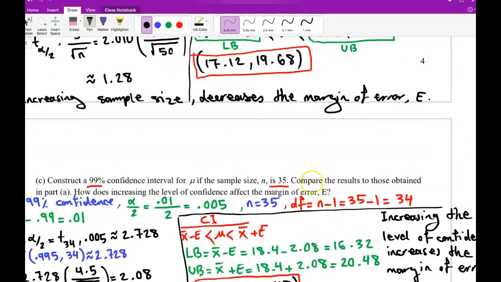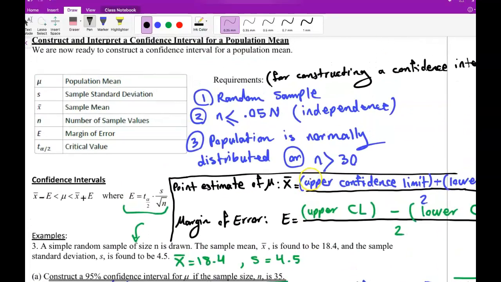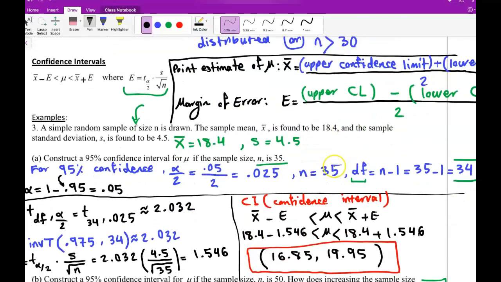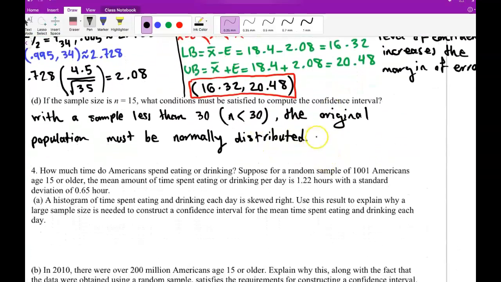Say I had this one here on the first page. What we have, the requirements number 3, population is normally distributed when sample size is greater than 30. Since we don't have that one, the original population must be normally distributed.